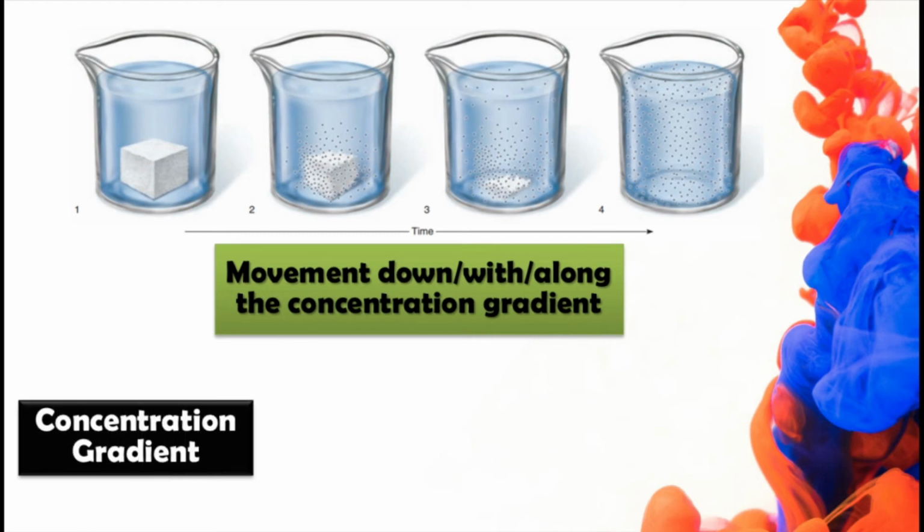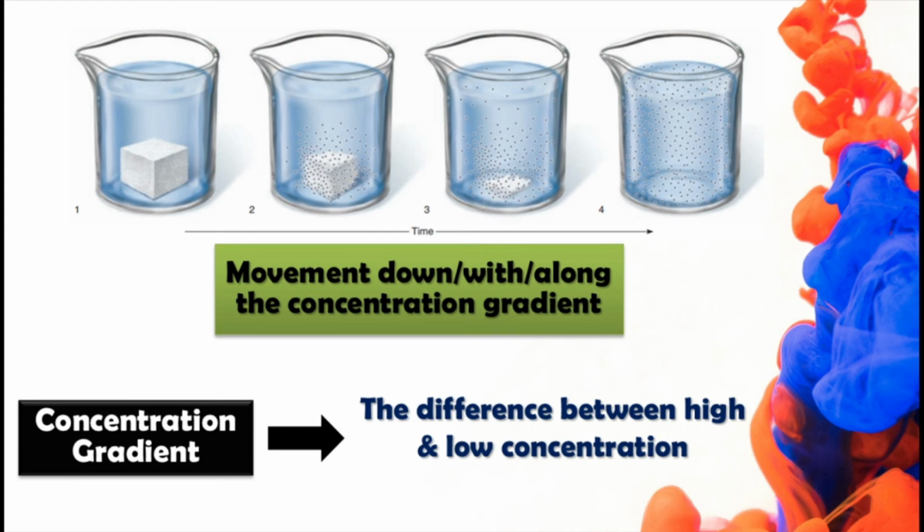But by the way, what is concentration gradient? Simply, it is the difference between the high and low concentration. The difference in the movement from high to low concentration is what we call your concentration gradient.